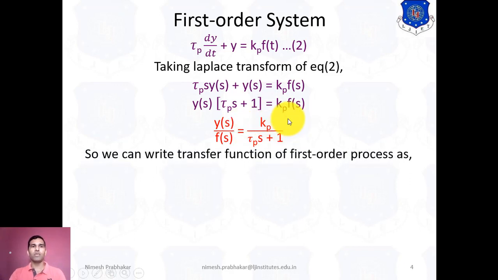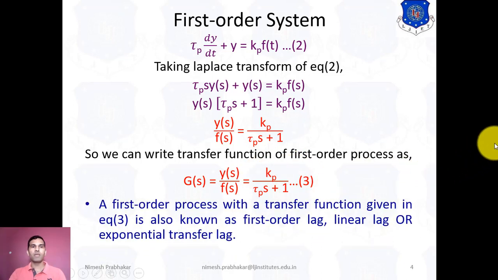So we can write the transfer function of a first order process, y of s upon f of s, which is nothing but g of s, and g of s is the transfer function. So y of s upon f of s is equal to kp upon tau p into s plus 1. So this equation represents the first order system.